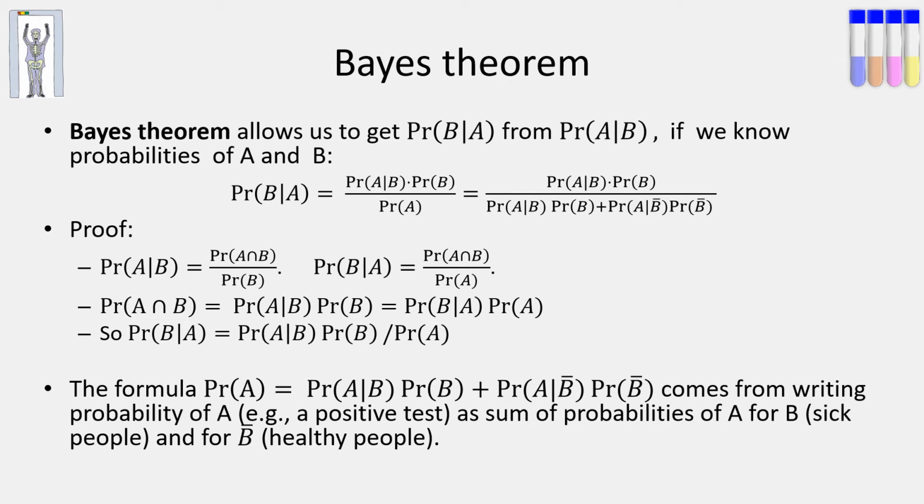So how do you use the definition to get Bayes' theorem? Let's write probability of A given B and the probability of B given A using their definition.